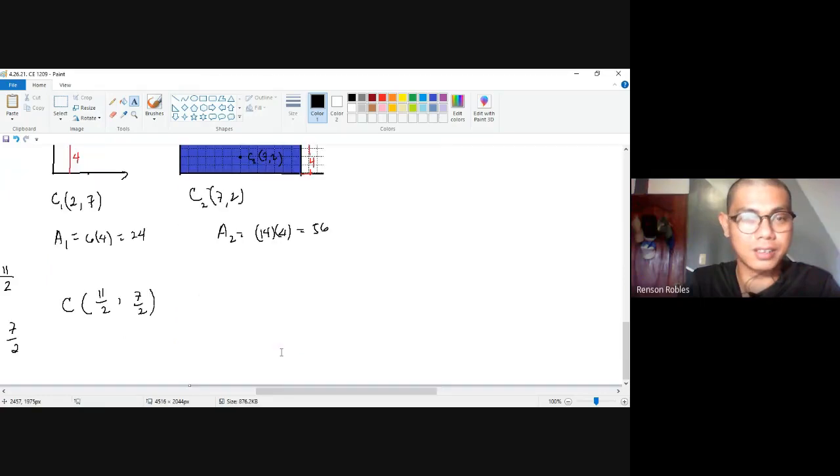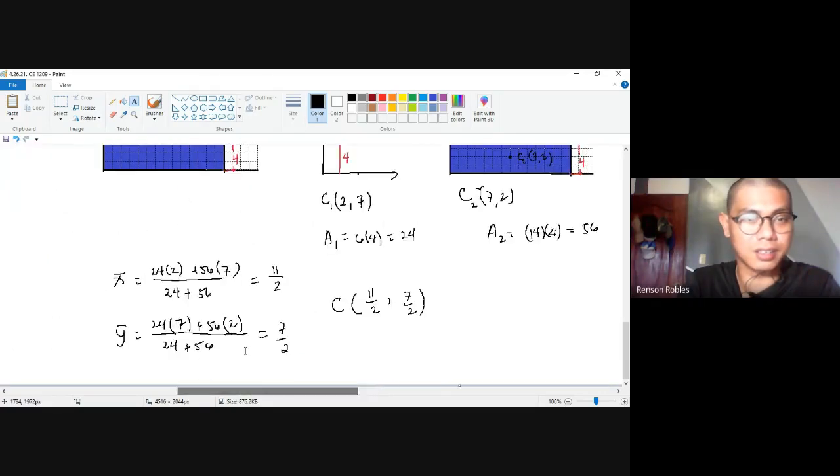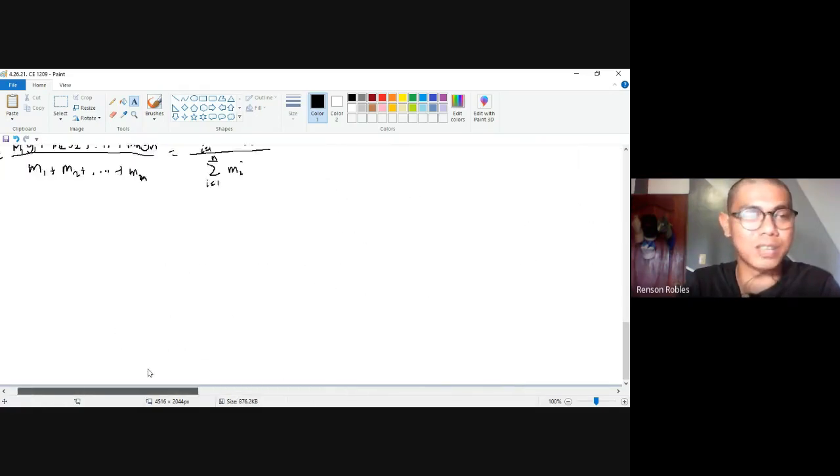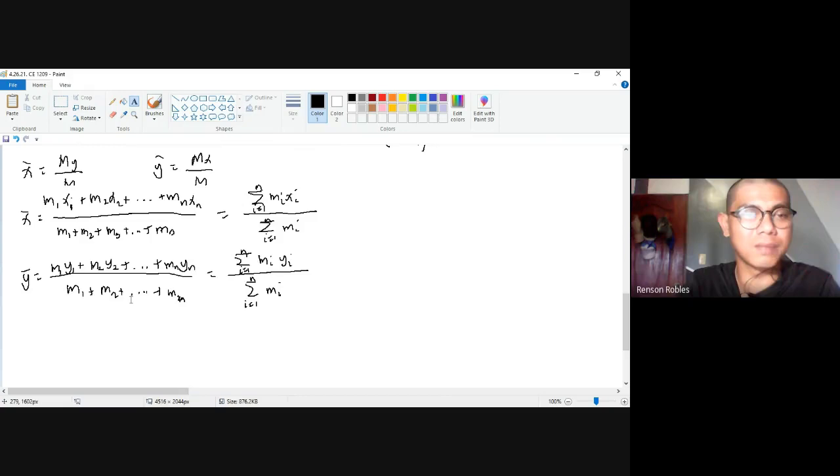Okay, this. How do we get this? That's A1 bar x1, A2 bar x2. And that is obtained from here. Okay, it's the same principle. So this is also what we will use.